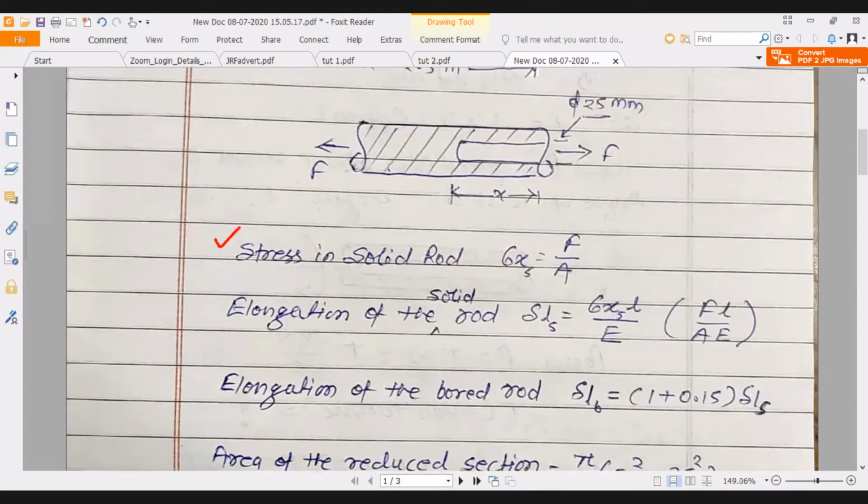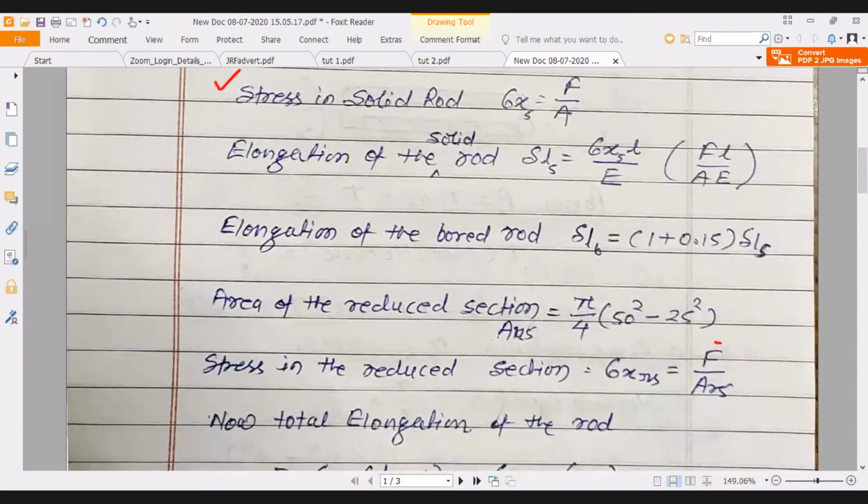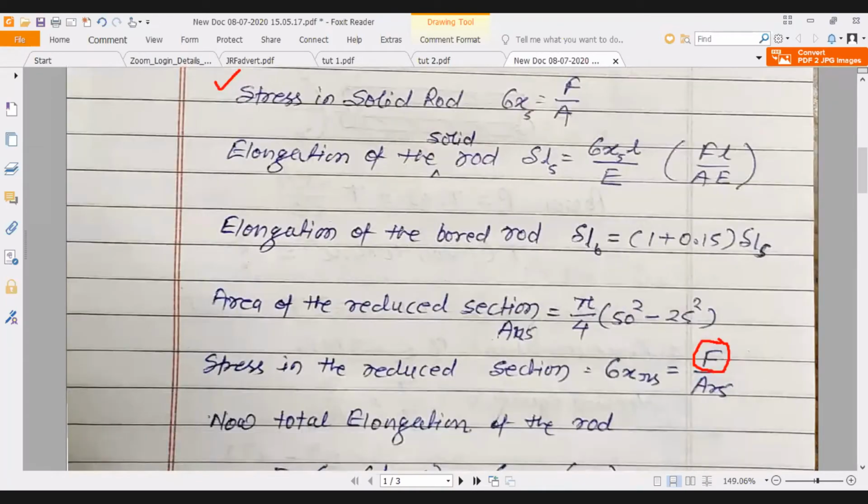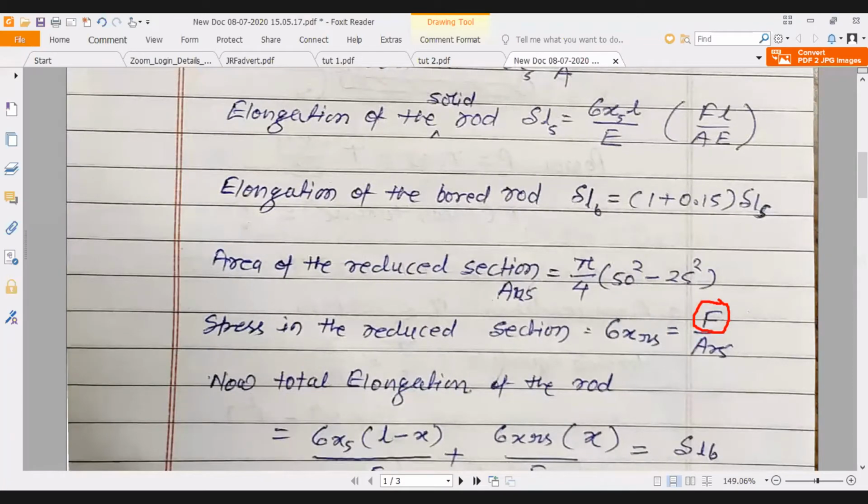The force is the same, which means this force is common throughout, in the bored section as well as in the solid section. So it can be calculated by this formula.